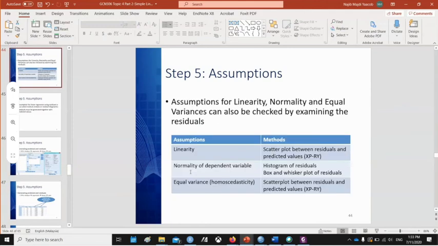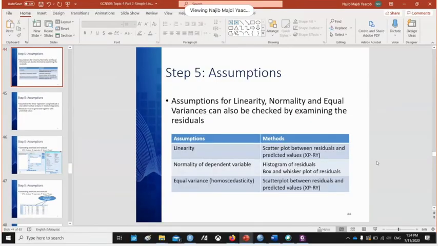Okay, so for the assumption of linearity, you can check using a scatter plot of residual and predicted values. So we call it XPYR. The scatter plot of XPYR can be used to check the assumption of linearity and also the assumption of equal variance. Whereas the normality assumption, normality of the dependent variable, can be checked using a histogram of residual and also a box and whisker plot of residual.